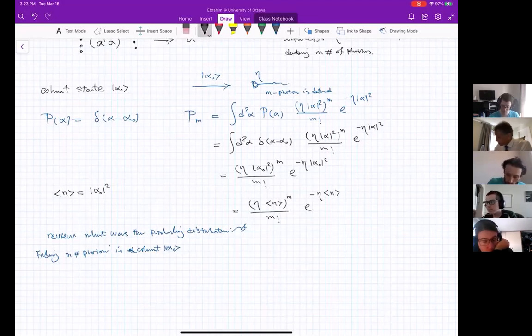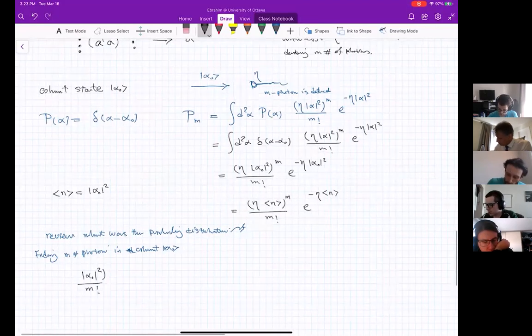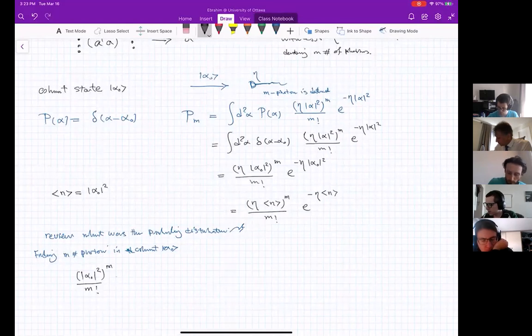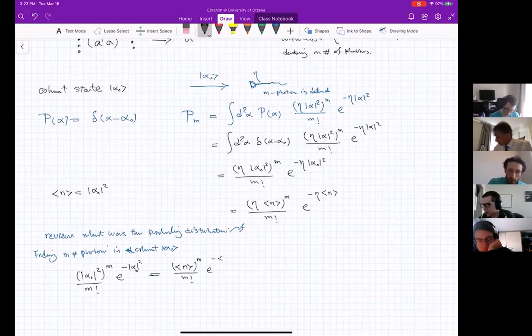So it will be essentially |alpha 0|^(2m) divided by m factorial, and then we had e to the power of minus |alpha|^2, which means that for us this is equal to n to the power of m divided by m factorial, e to the power of minus n. True? Excellent.